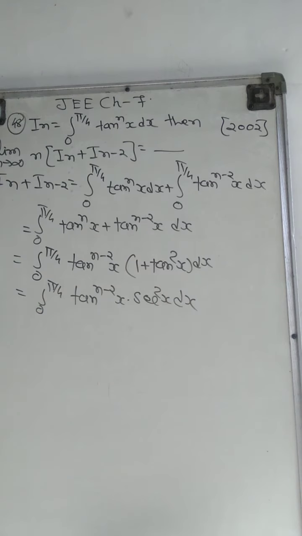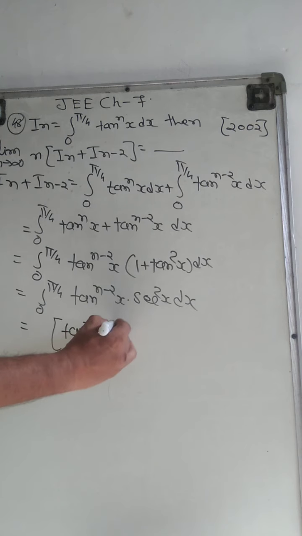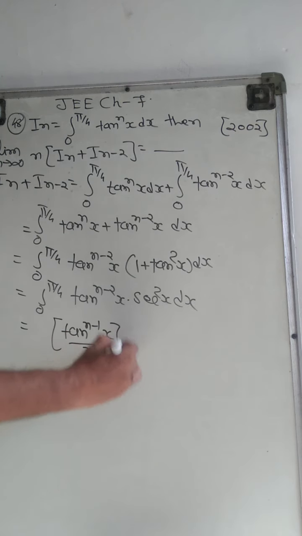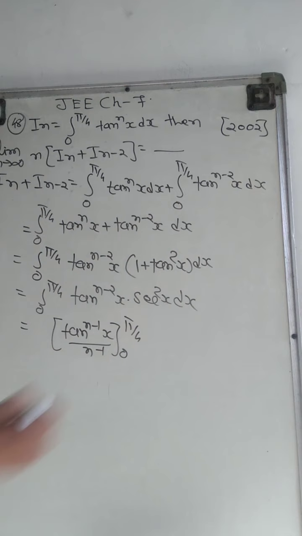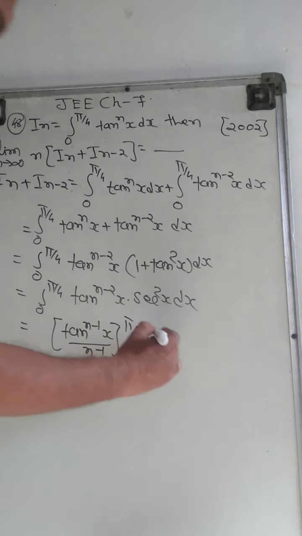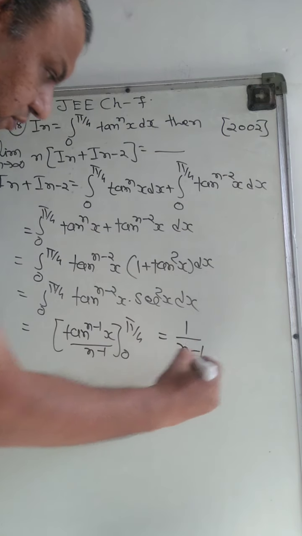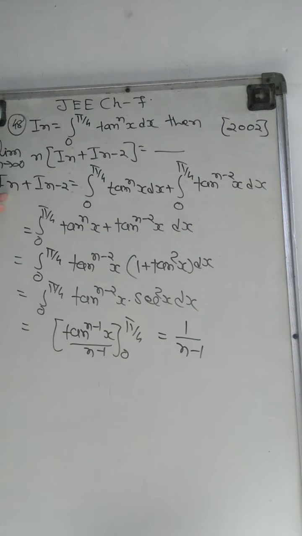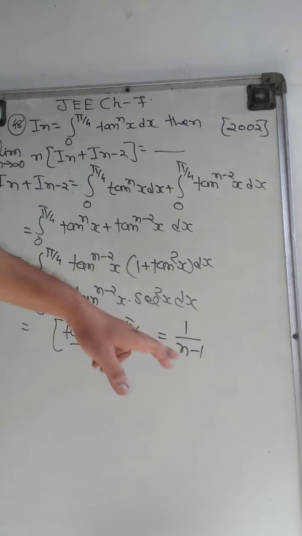Now we know that the derivative of tan x is sec² x, which is in multiplication with this given function. So directly we put here tan^(n-1) x upon (n-1), from 0 to π/4. Now when we put π/4, tan is 1, otherwise it is 0. So 1 upon (n-1). Right? So this is for I_n plus I_{n-2}.